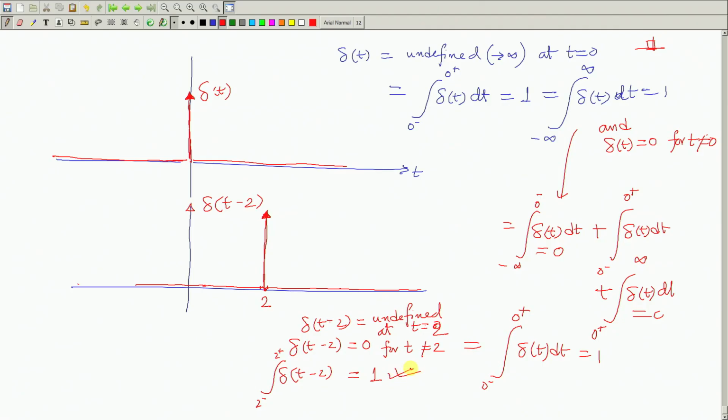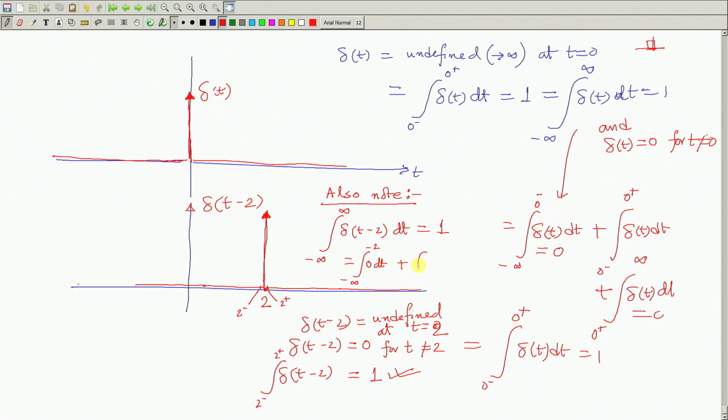Therefore, the shifted signal we have been able to sketch, and not only that, also note that the integral from minus infinity to plus infinity of delta(t minus 2) dt will be equal to 1. Why? Because minus infinity to 2 minus is here, 2 plus is here. So, if you break it up, from minus infinity to 2 minus, the value of the function is 0.